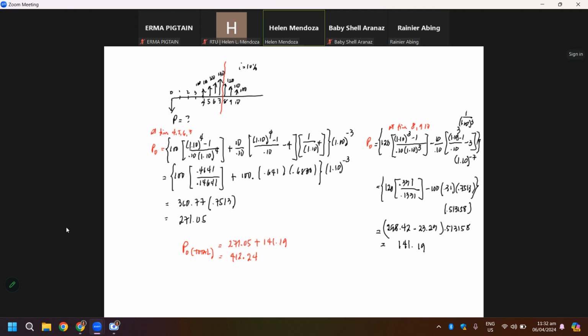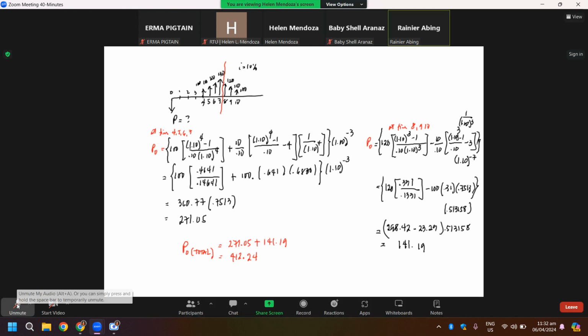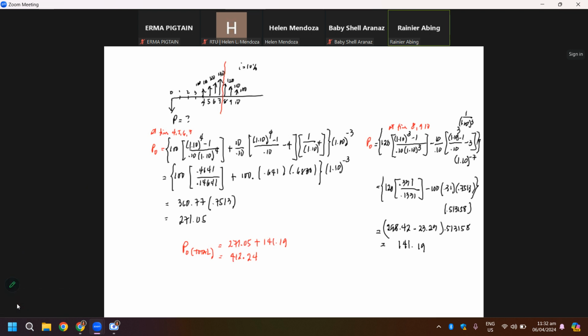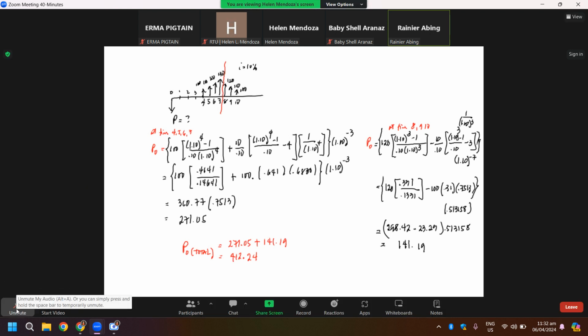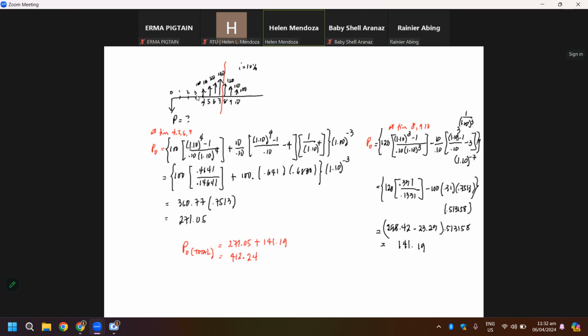Negative raise yung multiplier sa equation po ng 4, 5, and 6, yung minultiply po siya ng 1.1 raised to negative 3. Oo. Ang value po kasi natin, nasa 4, 5, 6, 7.